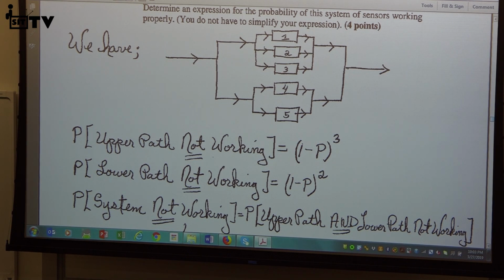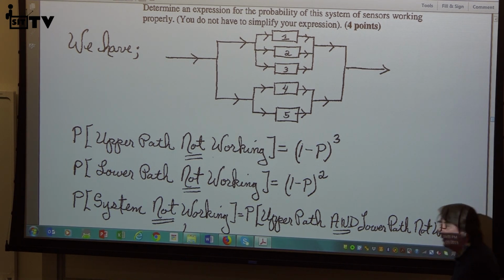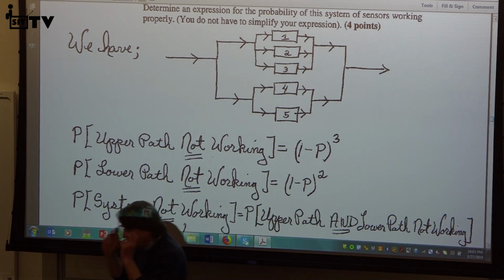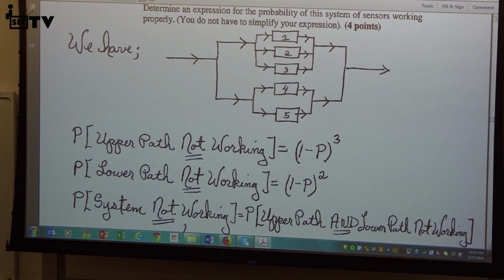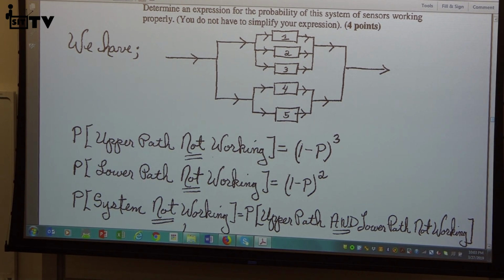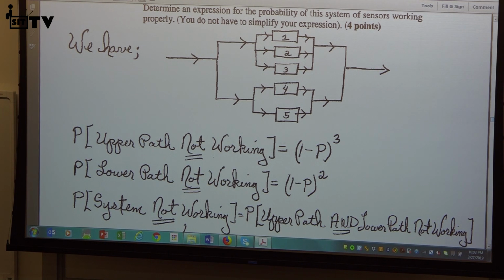And I said, determine the probability of the system working. I think you got this. It may look crazy. What time is it? 10 o'clock on a Wednesday night, and we're hearing music close by us here. So you might think this is hard, but it isn't.